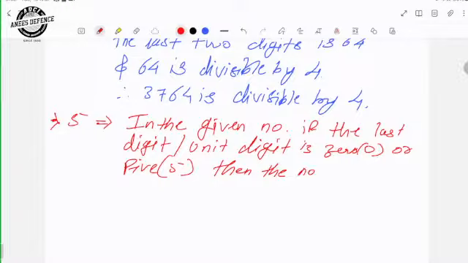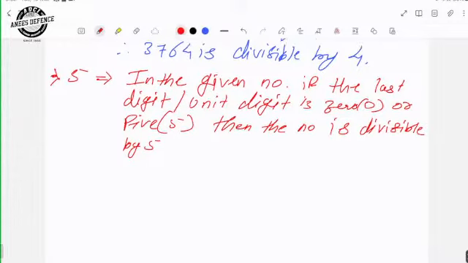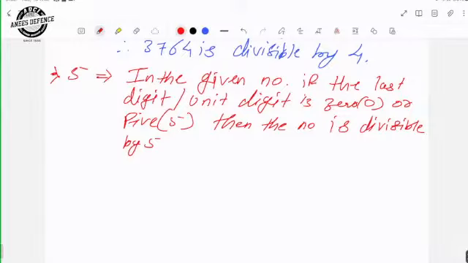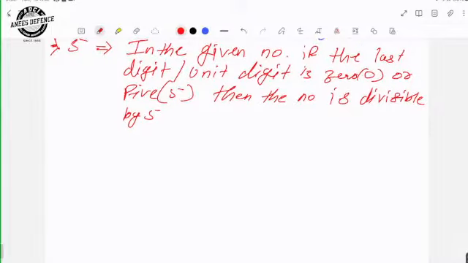You got my point? Yes, sir. When the last digit is 0 or 5, then the number is divisible by 5.